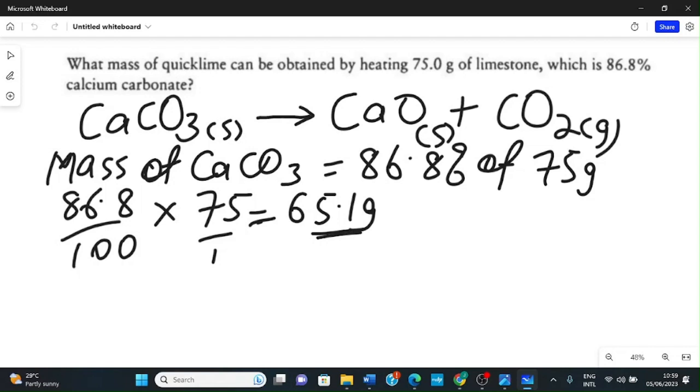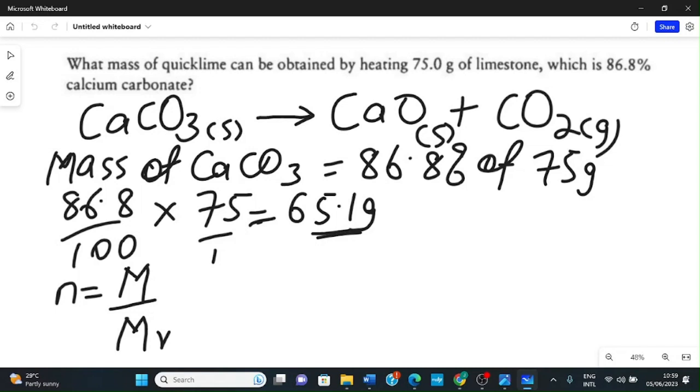But we have to calculate the mass of quicklime that is obtained by heating this particular mass of what? Calcium carbonate. So we have to use the formula: number of mole, as we all know, is equal to mass over molar mass.